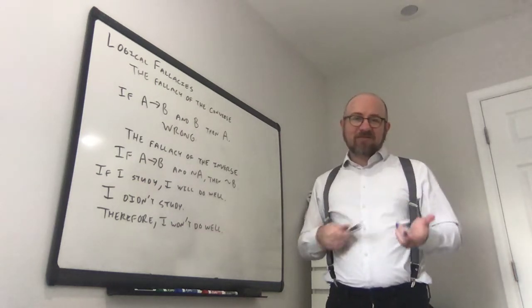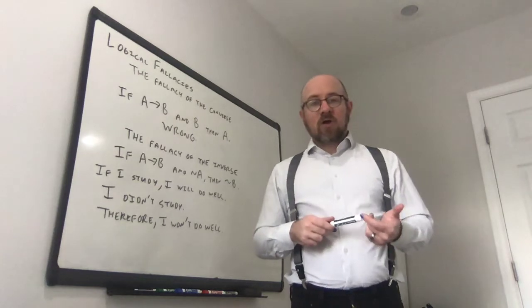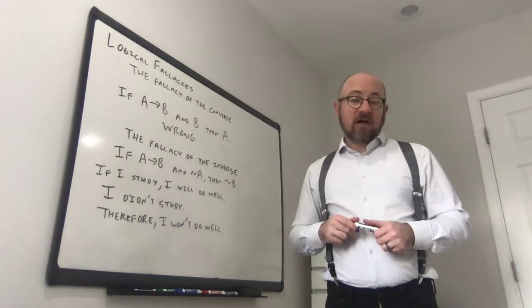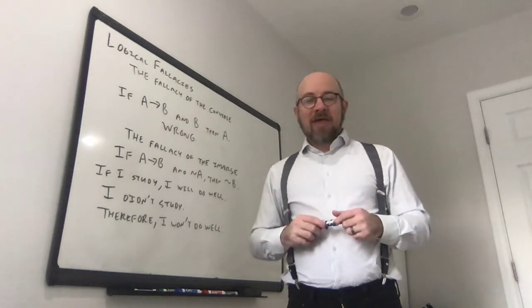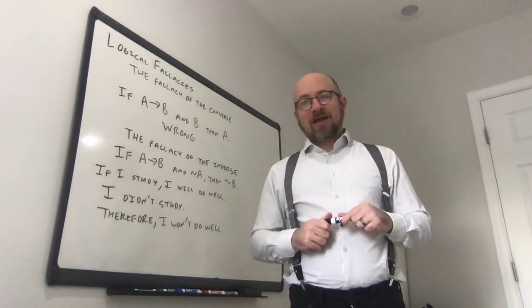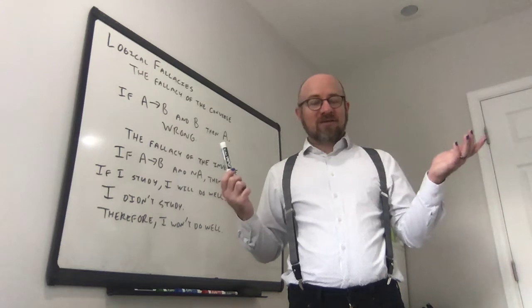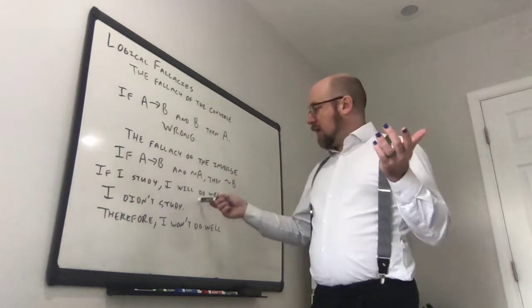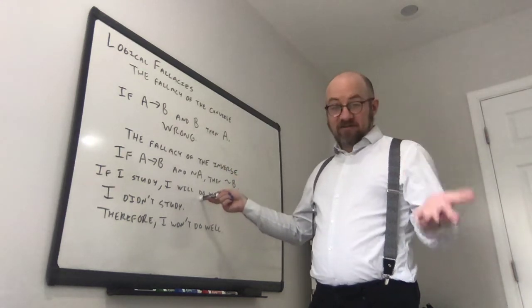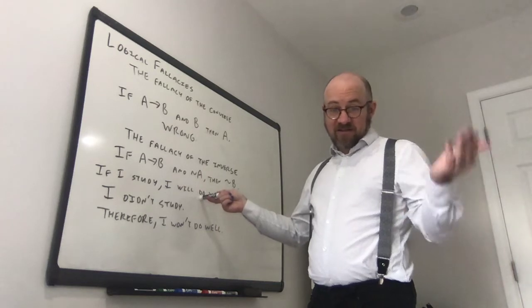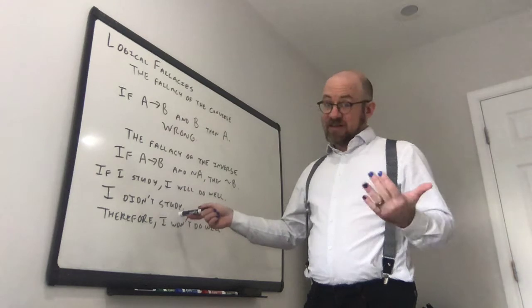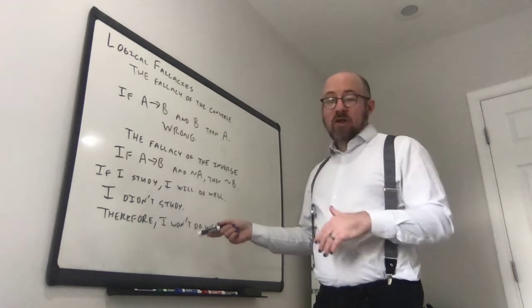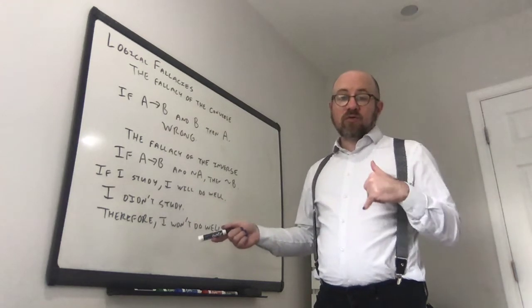So if you think about the same examples that I talked about before, what if the exam is super easy, right? You come into the exam and the professor has been like, okay, if you write your name, you get 100 points, right? If I study, I will do well still would be a true statement, right? If you'd studied, you would have done well. You didn't study, that's still a true statement because you didn't study, but you don't necessarily know that you won't do well, right?